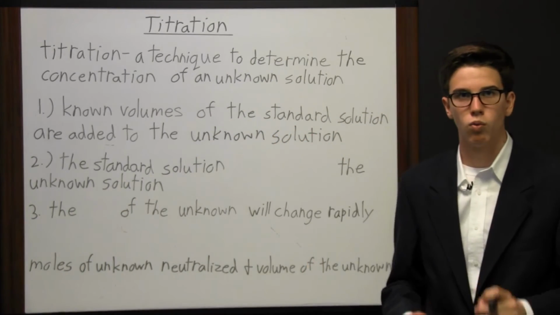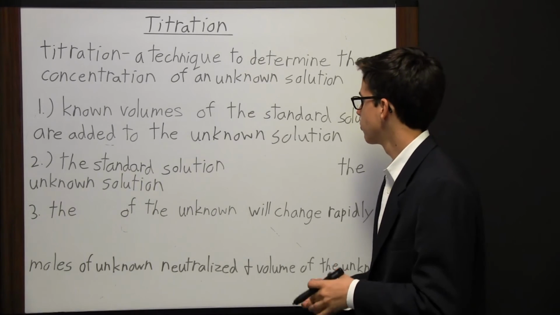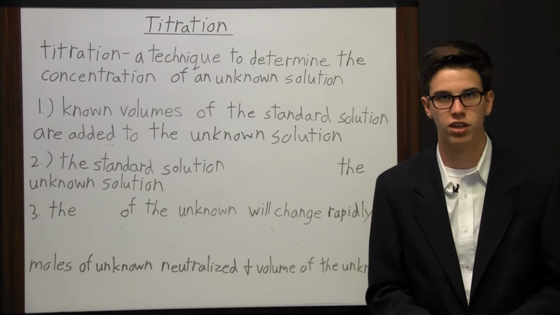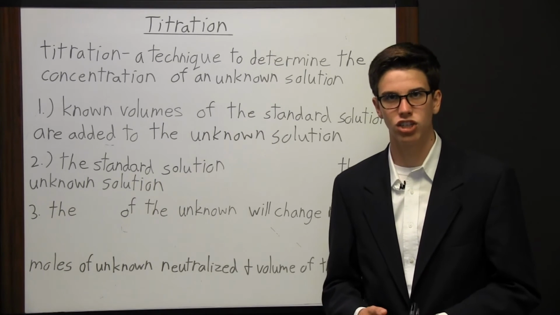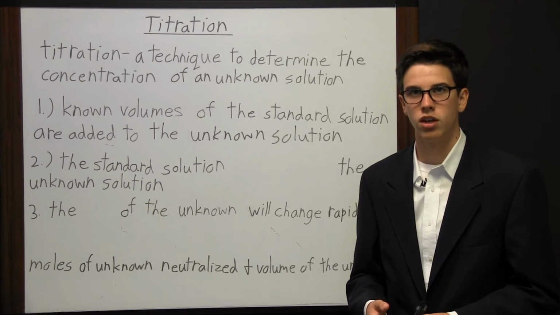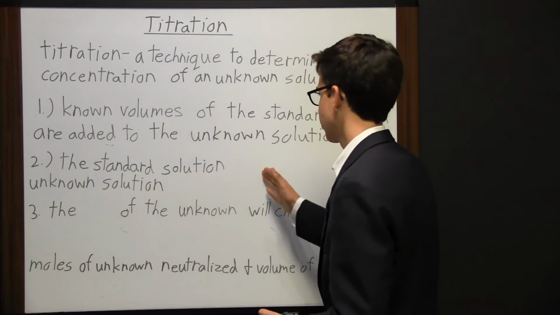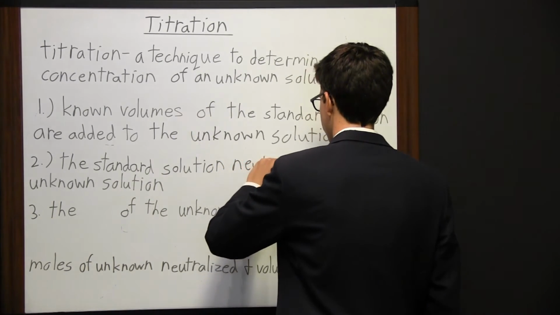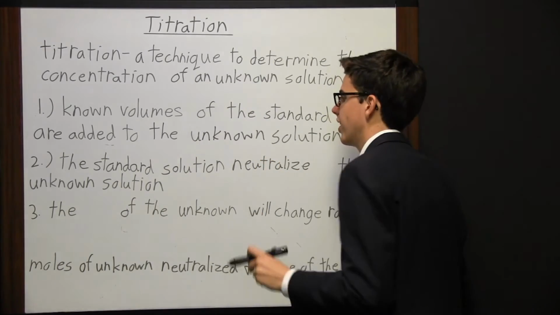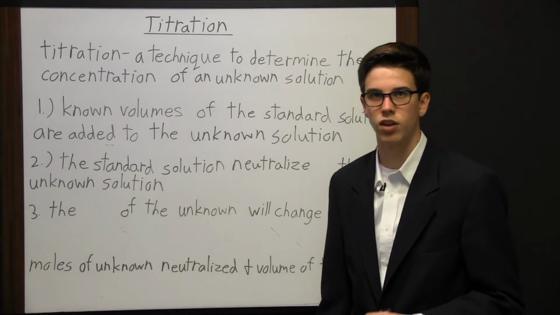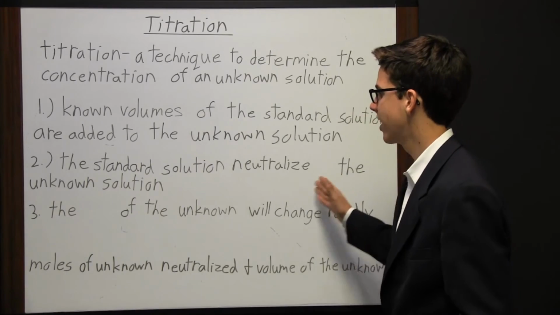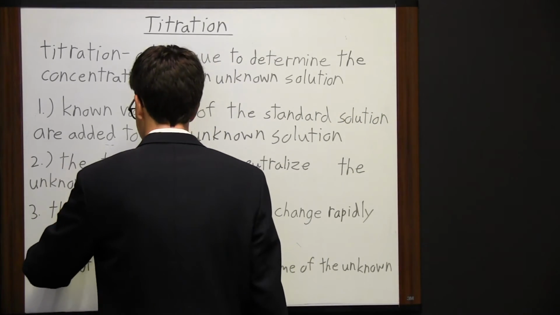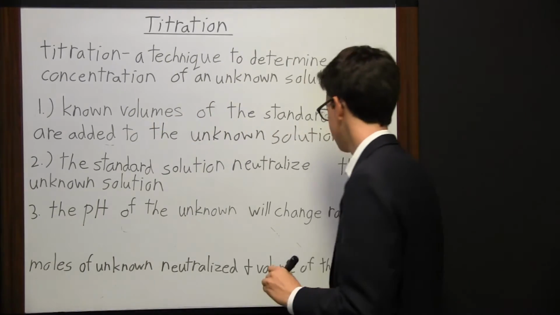Now, while the volumes of the standard solution are being added to the unknown solution, it's important to measure the pH of the solution, because eventually the standard solution is going to neutralize the unknown solution. Okay, so it's eventually going to neutralize that unknown solution. And when that happens, the pH of the unknown will change rapidly.